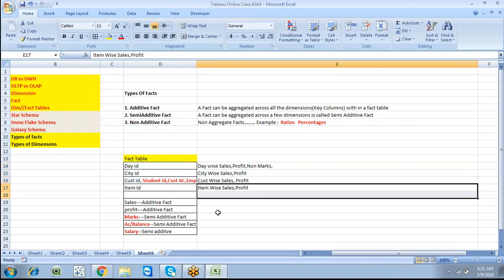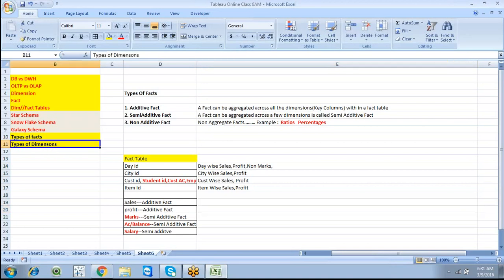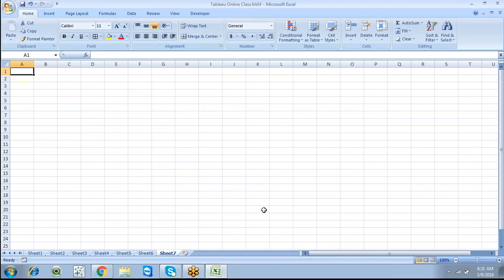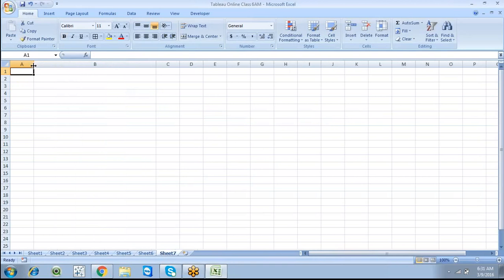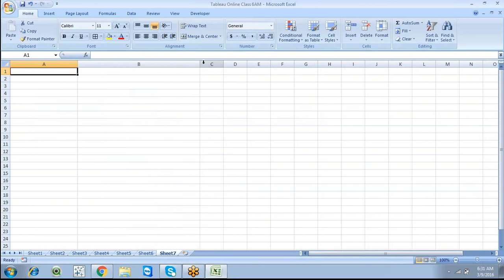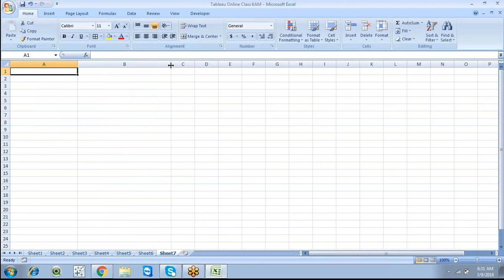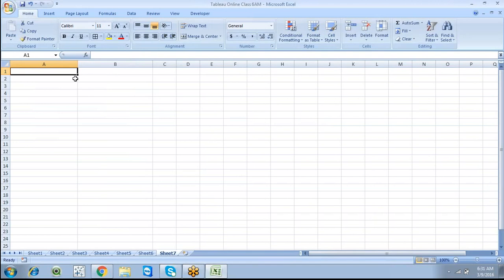This is one point, and we have another concept called types of dimensions. This is very important in interviews and scenario-based questions. What are the different types of dimensions we have?